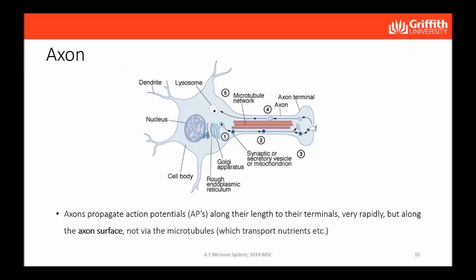In motor neurons, the nerve impulse is generated at the junction of the axon hillock and the axon. Axons then propagate action potentials along their length, and these signals are conducted along the axonal surface to the axon terminals very rapidly. The microtubule network transports nutrients and other substances to and from the cell body, but plays no role in transmitting electrical impulses.